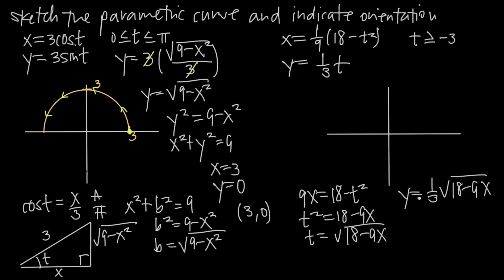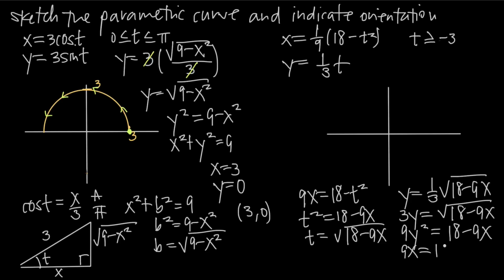Now if we multiply both sides by 3, we get 3y equals root 18 minus 9x. If we square both sides to get rid of the square root, we get 9y squared is equal to 18 minus 9x. If we add 9x to both sides and subtract 9y squared from both sides, we get 9x is equal to 18 minus 9y squared.